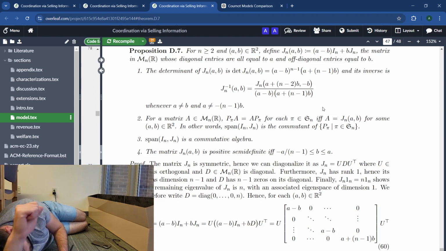Alpha prime will be on the diagonal of this, which is alpha plus n minus 2 beta over alpha minus beta times alpha plus n minus 1 beta, and beta prime is the off diagonal, which is minus beta over the same thing, alpha minus beta times alpha plus n minus 1 beta. That's it.